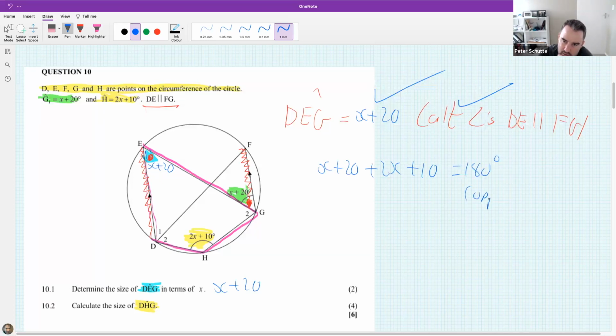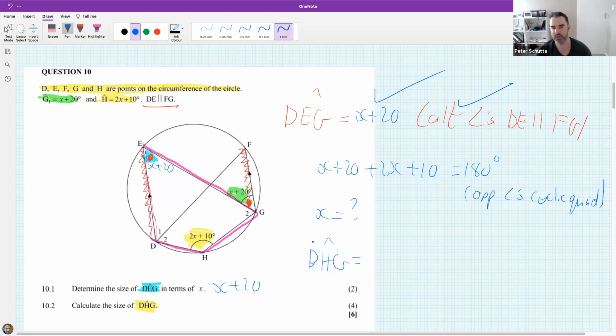And the reason is opposite angles of a cyclic quad. But now you still need to find what x is and then find for me the final thing, which is DHG. So let me know in the chat what you think that's going to be.